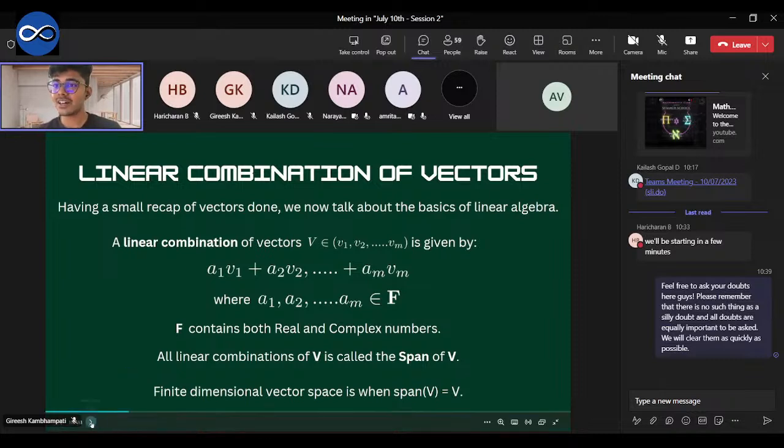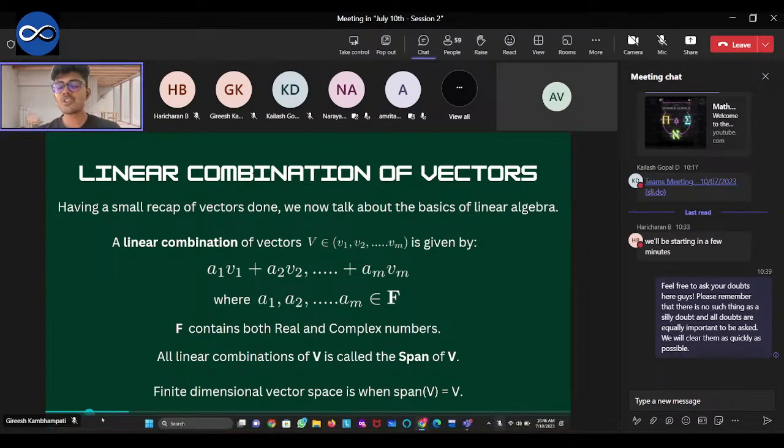For a field, you need to be able to satisfy all the binary operations. So that is a basic description of what a field really is. So now that we know what a field is, we can say a1, a2, and so on are constants that belong to the field. And a1 v1 plus a2 v2 plus so on till am vm, that is the linear combination of vectors. That may result in a vector or a plane or anything, we don't know. It's just an expression that we would like to analyze.